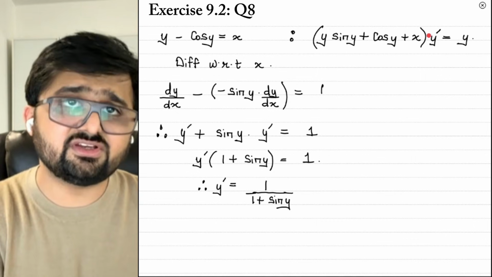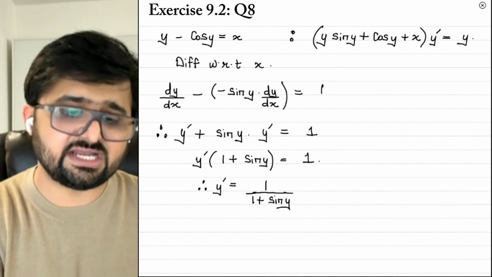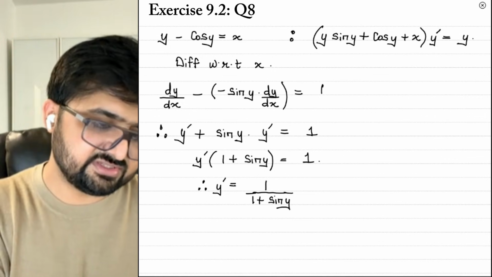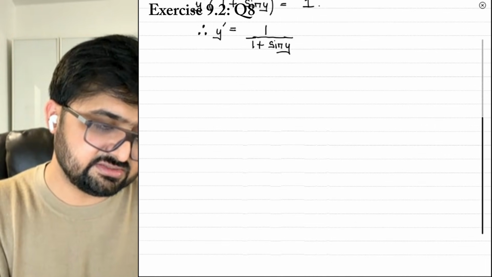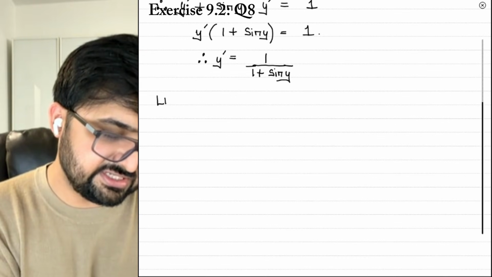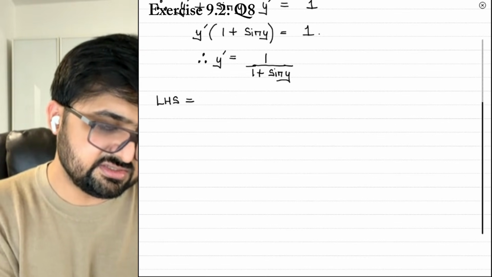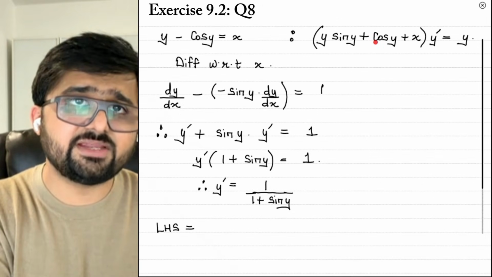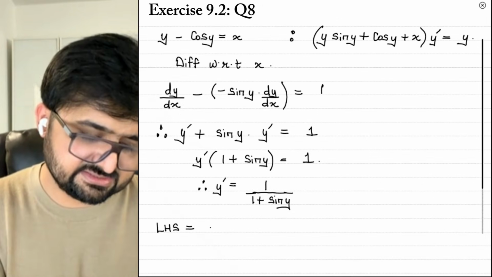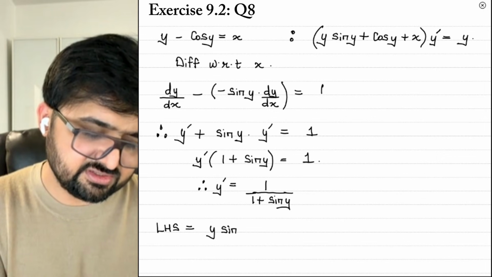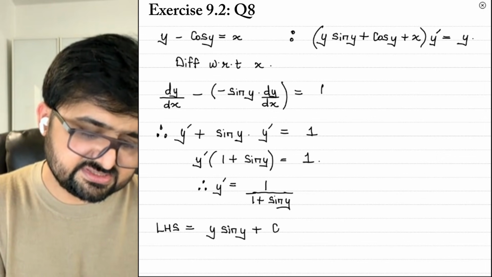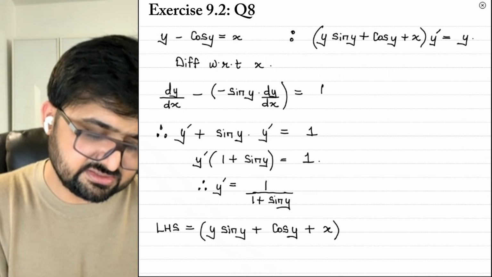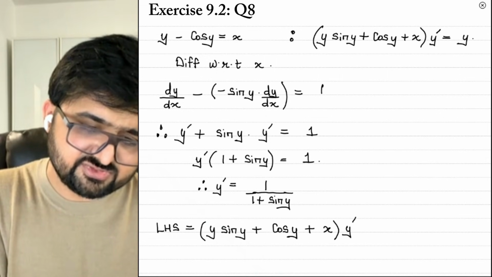Now that we have the value of y dash, let us start with the left hand side to see if we can get the right hand side. So the left hand side is y sin y plus cos y plus x, times y dash.